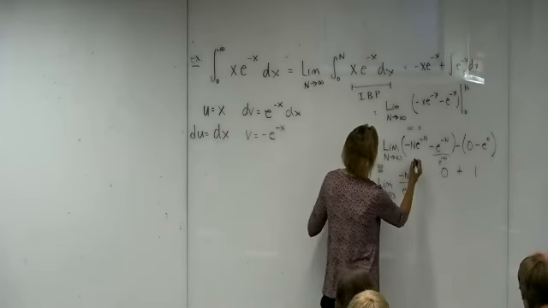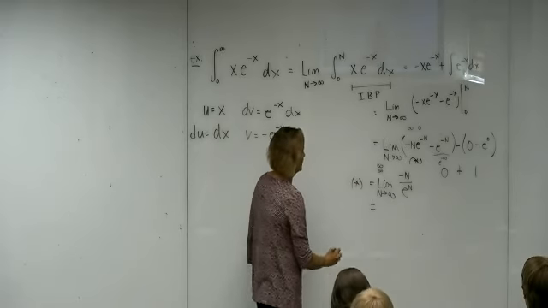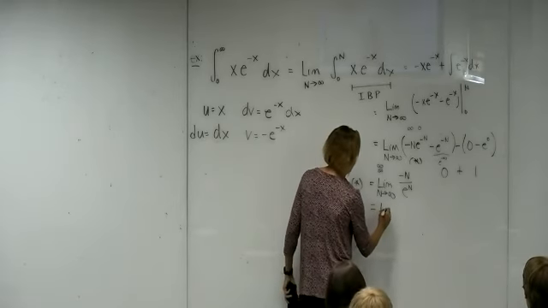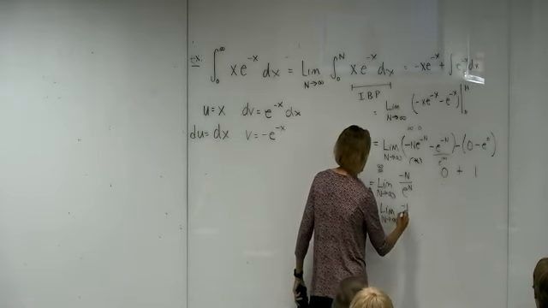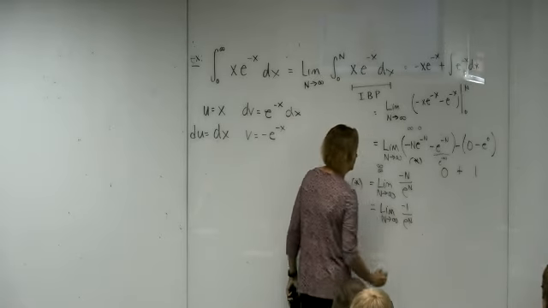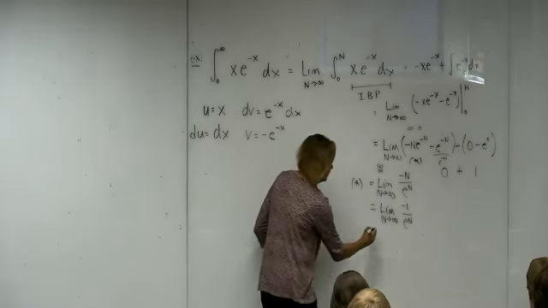So you take the derivative of the top, divide it by the derivative of the bottom, and then attempt to do the limit. What do you get out of that limit right there? 0. That will be 0.